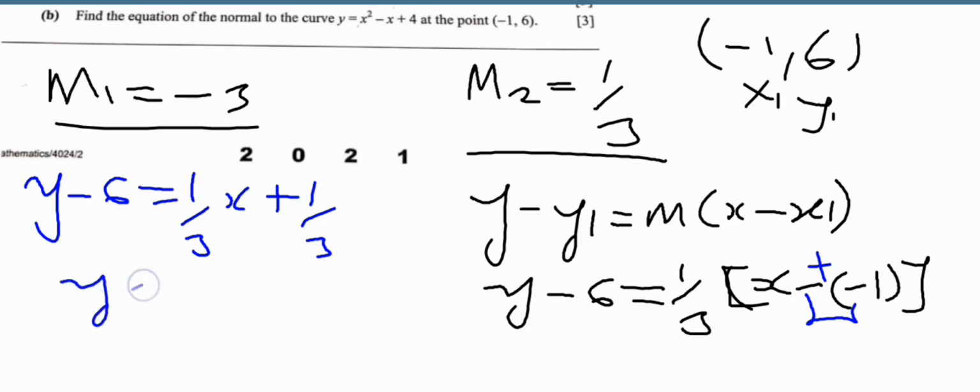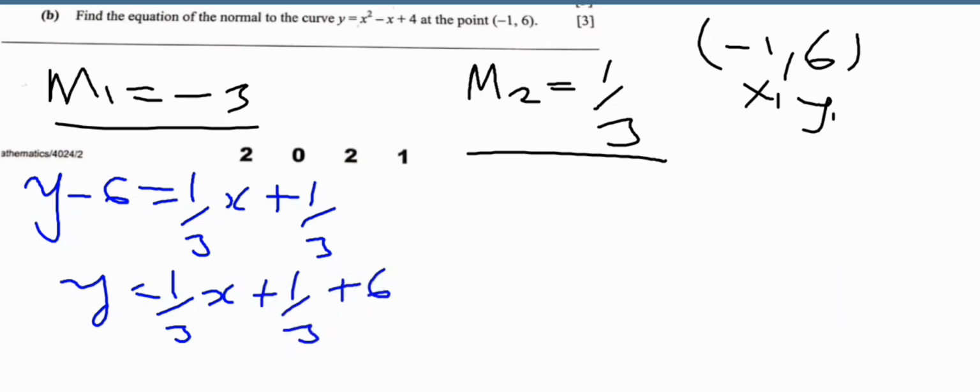So y is going to be equal to, so this negative 6 is going to close an equal sign, and then it is going to be positive 6. So here we are having 1 over 3x plus 1 over 3 plus 6. So from there now we need to consider this part here by finding the common denominator, which is 3.